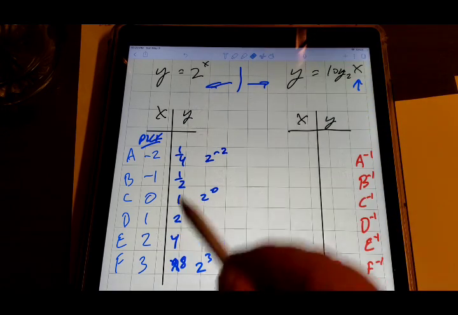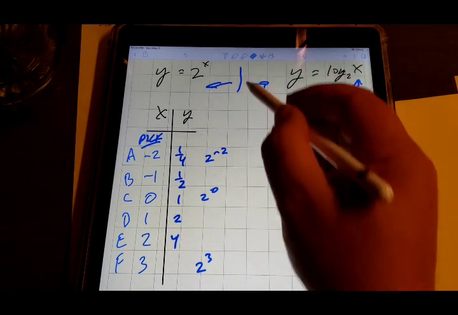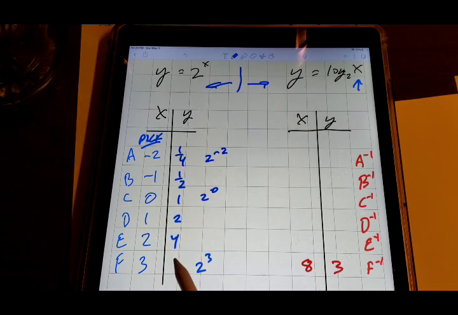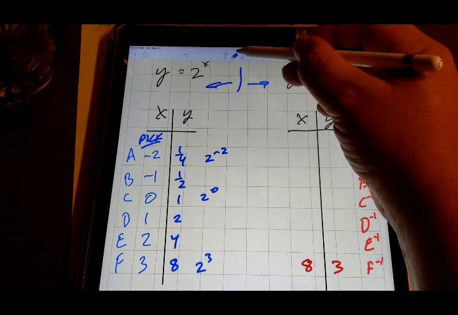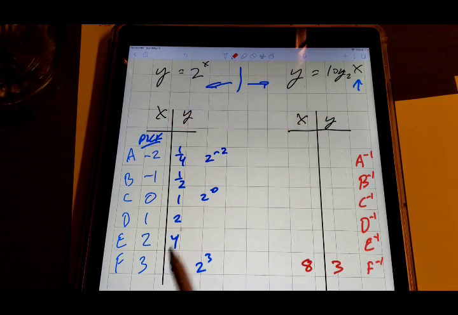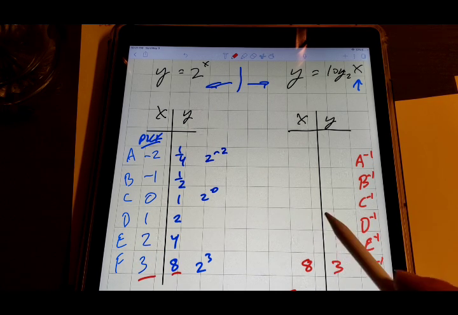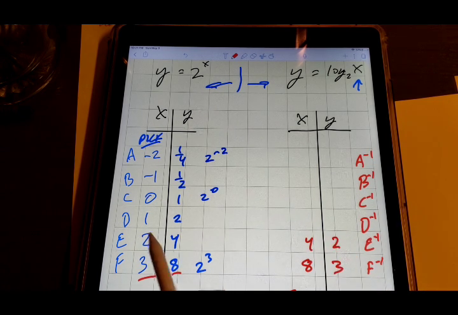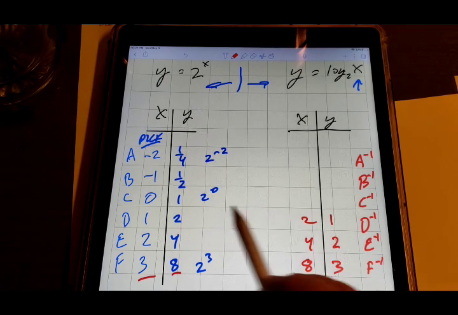Well, if we use this idea of inverse functions, I could actually use this blue table to populate this red table. What I mean by that is this 3, 8 can be switched and become 8, 3. This 2, 4 becomes 4, 2, 1, 2 becomes 2, 1.